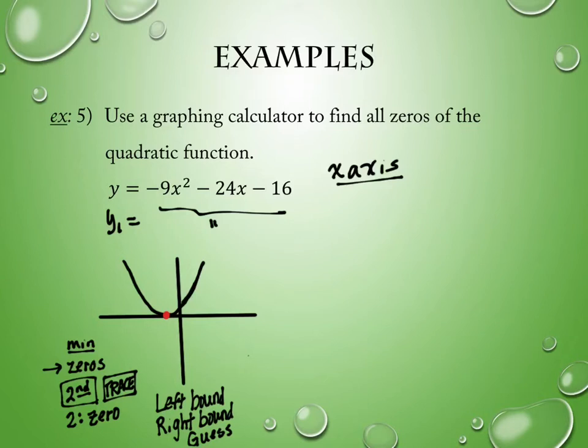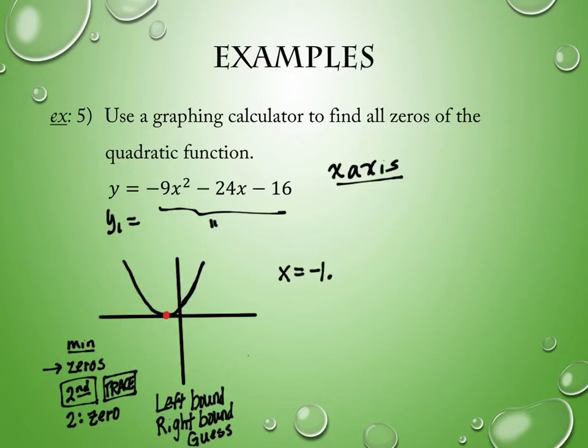So you simply arrow to the left until you're for sure to the left of the 0, and you press enter. Once you do this, the prompt for right bound comes up. And when it says right bound, you arrow to make sure you're to the right of the intercept, and you press enter. And then when it says guess, you just get pretty close to where the actual value is, and you hit enter.